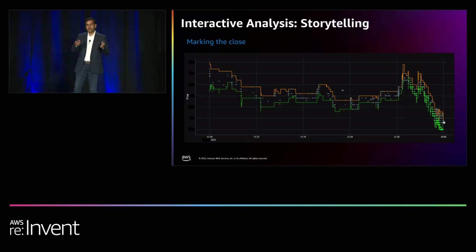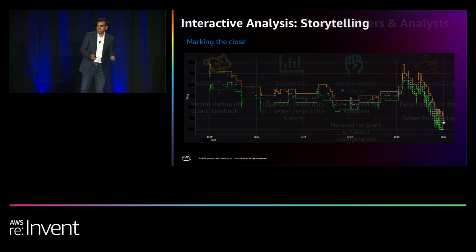I can create charts using the Plotly library, and I can share this with my buddies, and we can come up with a conclusive decision as to what needs to be done. In this case, we see that there may be potential manipulative behavior happening in one of the firms interacting with the symbol that caused this specific stock to come down in the last 2 minutes. So with this, they can reach out to the firm to see what's going on. This is powerful.